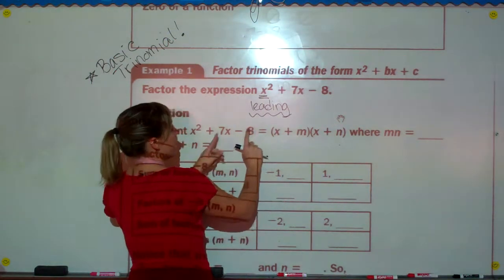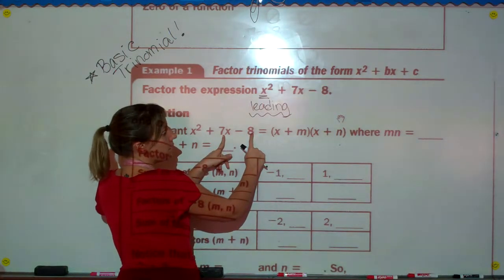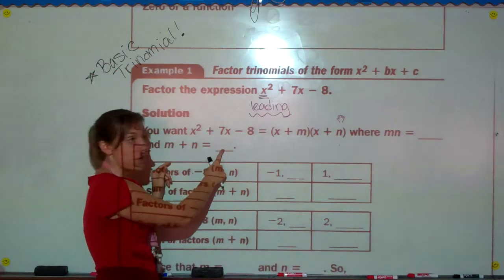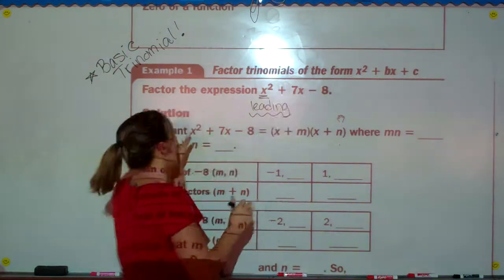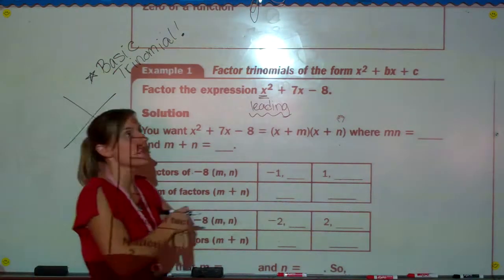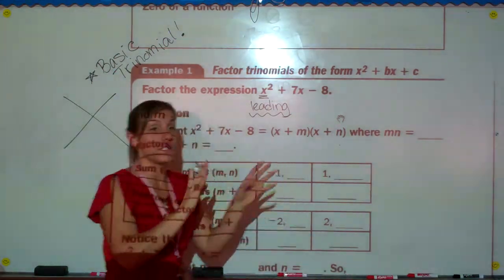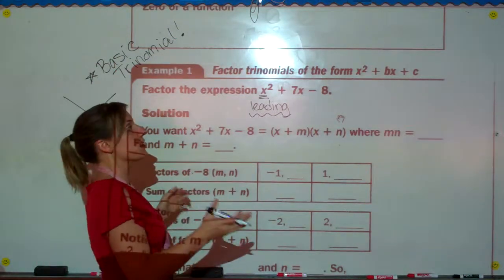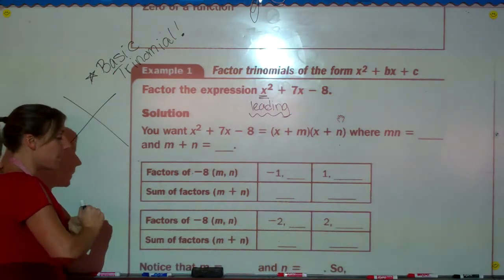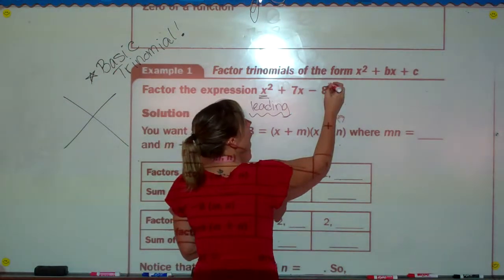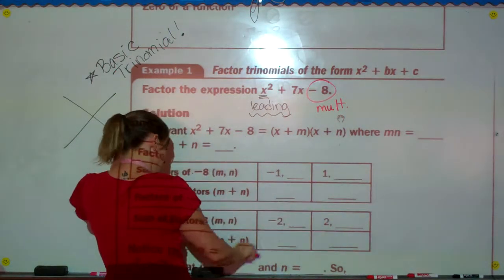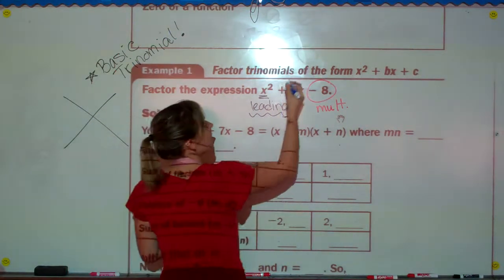The two numbers here, they have to multiply to one of them and they have to add to the other one, okay? So what I do is I go off to the side and I make an X. And if you ask any of my students last year, they always use the X. They still use the X if they can, okay? And what we always do is we always multiply to the last, and we always add to the middle.